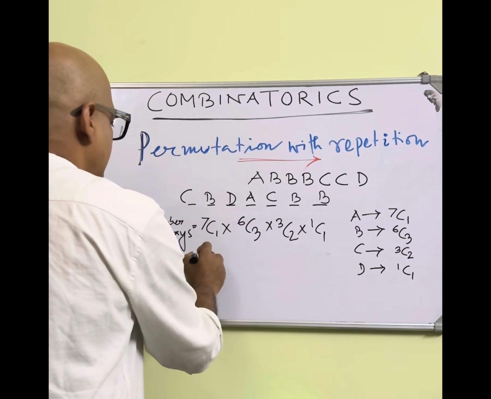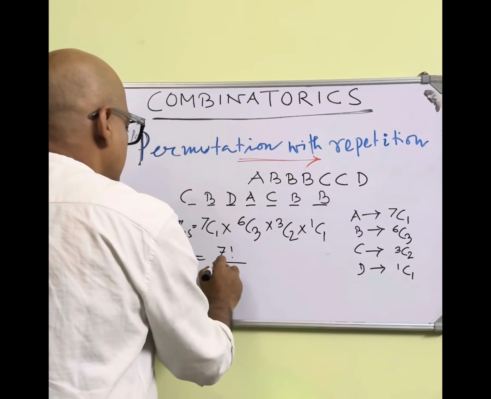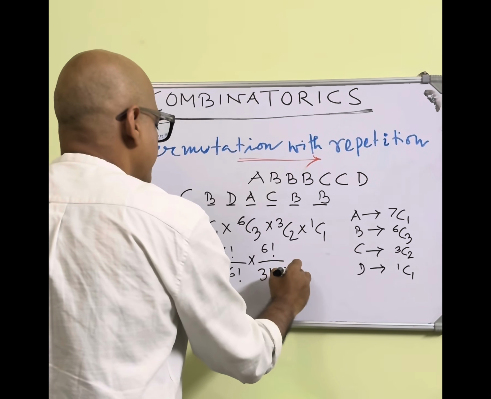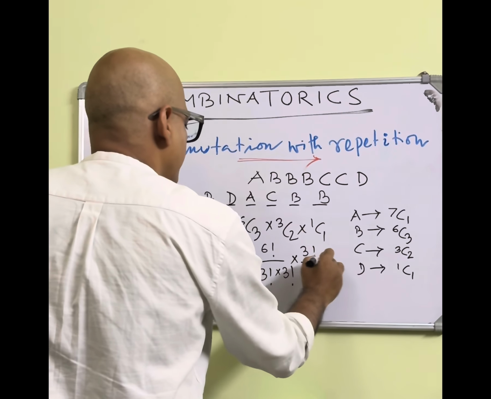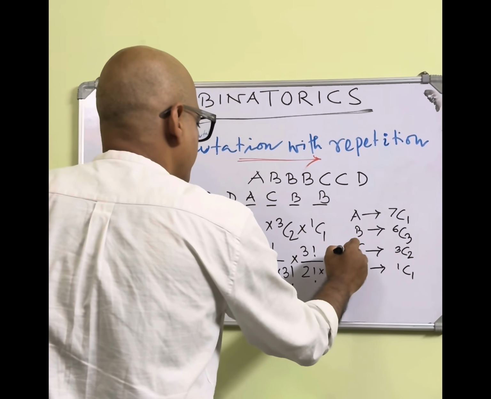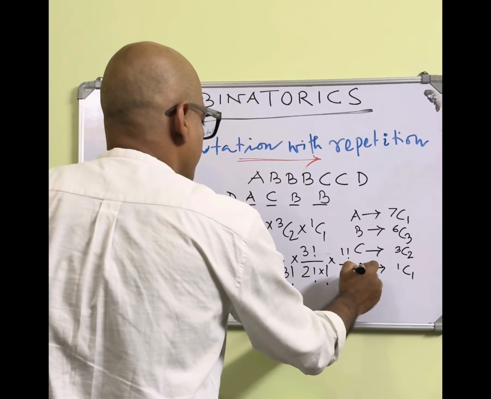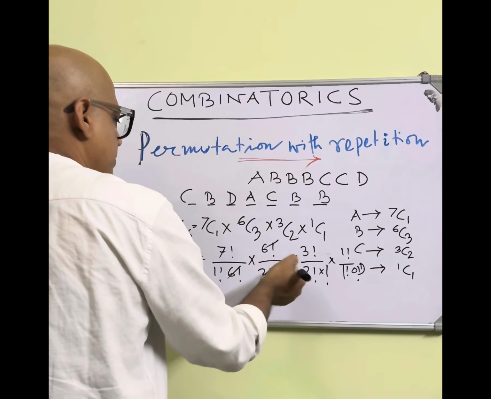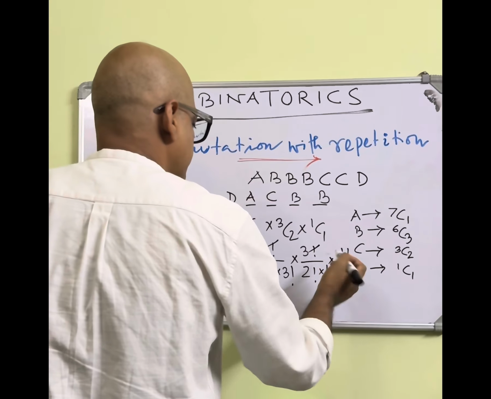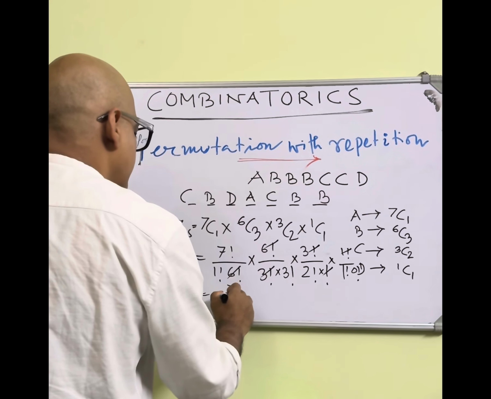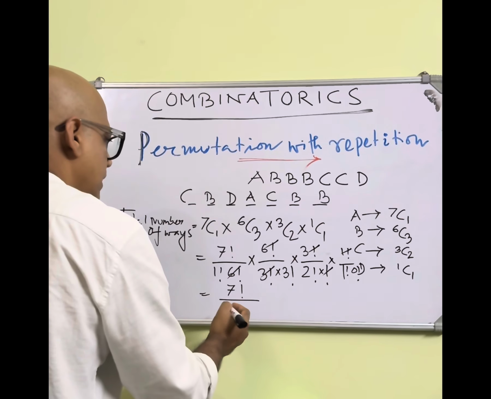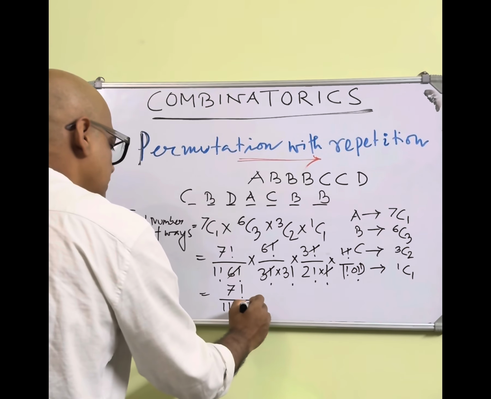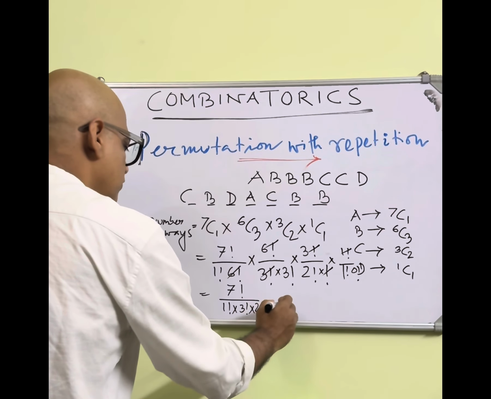If I expand them, it's going to be 7 factorial by 1 factorial times 3 factorial times 2 factorial times 1 factorial.